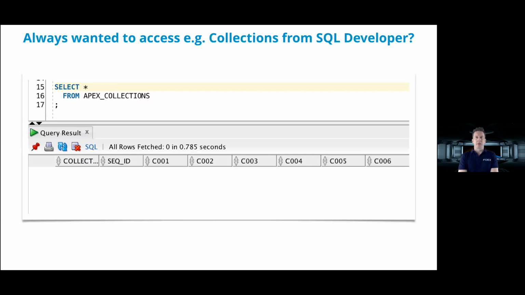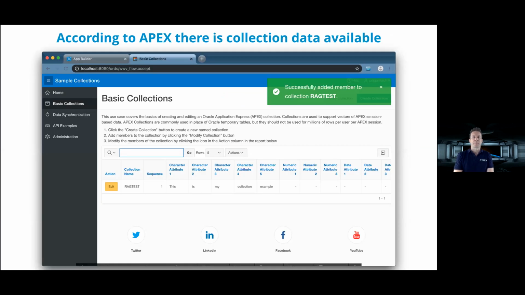A new feature in Apex 18, a good example is collections again. If you are a SQL developer and you want to check your collection's content, you get 0, nothing at all. Why? Because you're not in an Apex context. In your Apex app, you can see there is stuff in my collection, but not in the database.